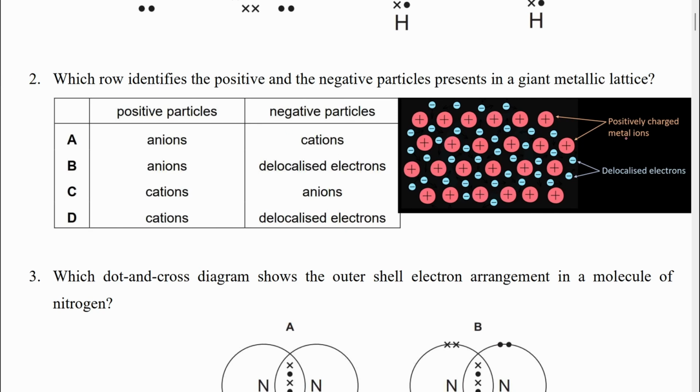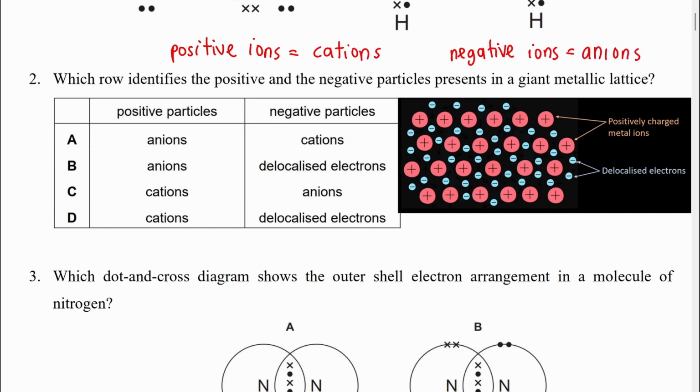So remember, positive ions are called cations, while negative ions are called anions, okay? And for the negative particles in the metallic structure, these are what we call delocalized electrons, okay? So from here, we know the positive particles are cations and the negative particles are delocalized electrons. So the correct answer is D.